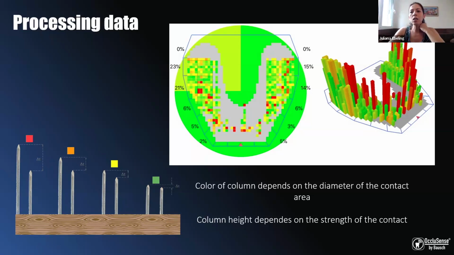These small columns represent a non-contact, a false contact, which is the contact of the sensor on the anatomy surface that registers as a contact, but is not a real contact.